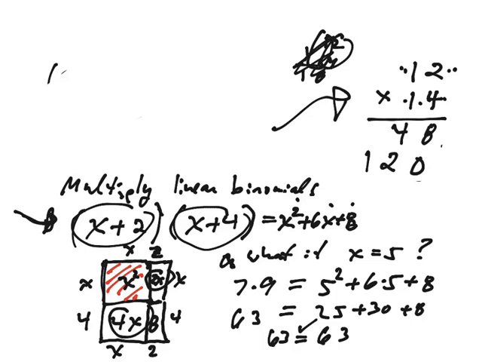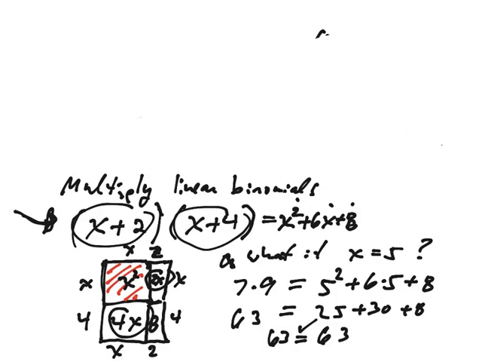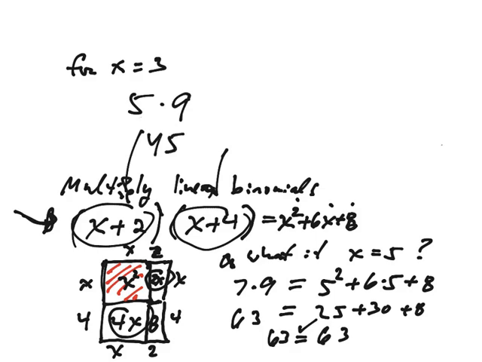But it's a real abstract idea to talk about what's x plus 2 times x plus 4. It's like, well, I don't know, because I don't know what x is. Well, they're saying it doesn't matter what x is. So I'll just say, for x equals 3, let's say, x plus 2 would be 5, x plus 4 would be 9, so that would be 45.